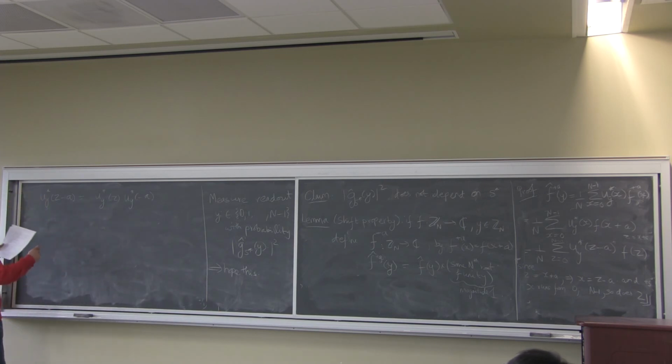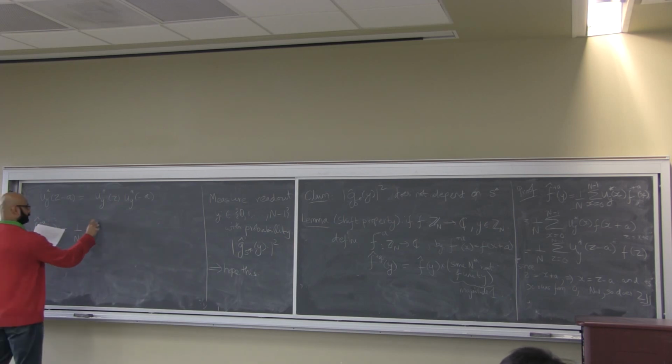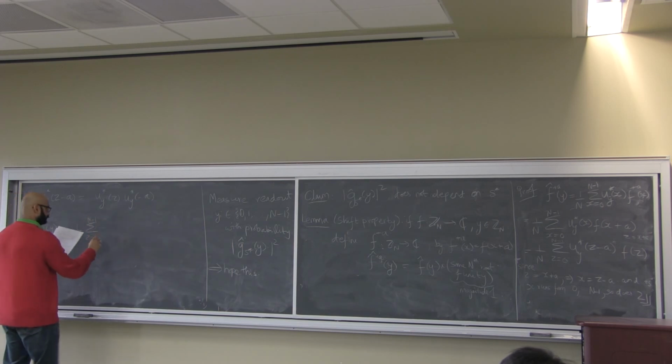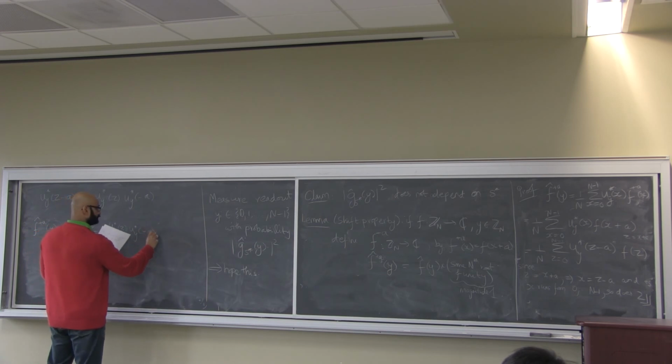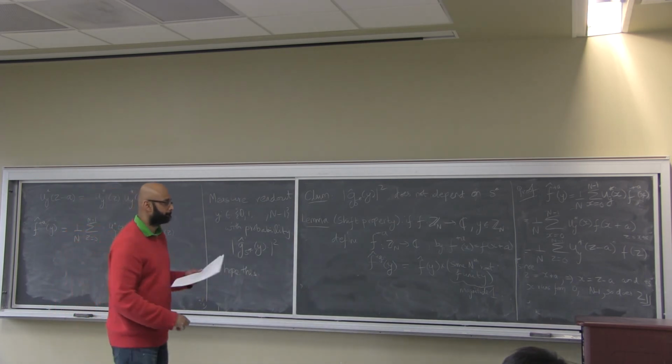Okay, and so therefore that function, f plus a of y, will be equal to 1 over n, summation z equal to 0 to n minus 1, u_y star of z, u_y star of minus a, times f of z. Right?